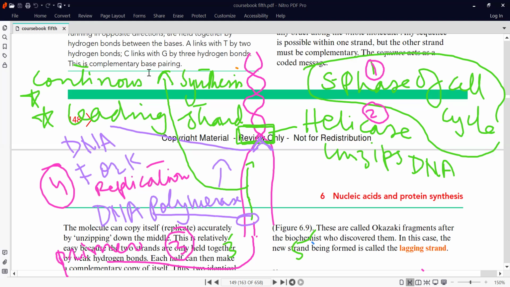Now we talk about the other strand which is on the 5 prime end. This is the 5 prime end. On this side, if the 5 prime end is down here, it means its 3 prime will be upward. So they start to initiate from the 3 prime end and from the DNA fork. So a small primer will be made here like this. This is the primer.